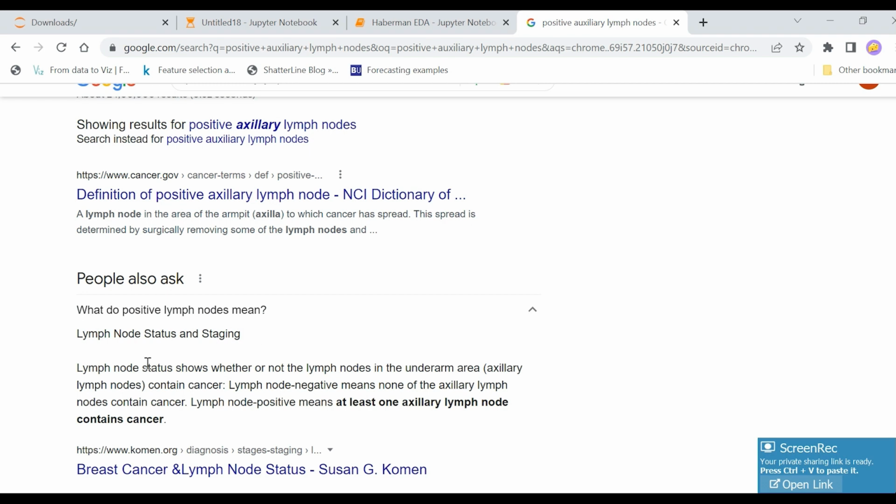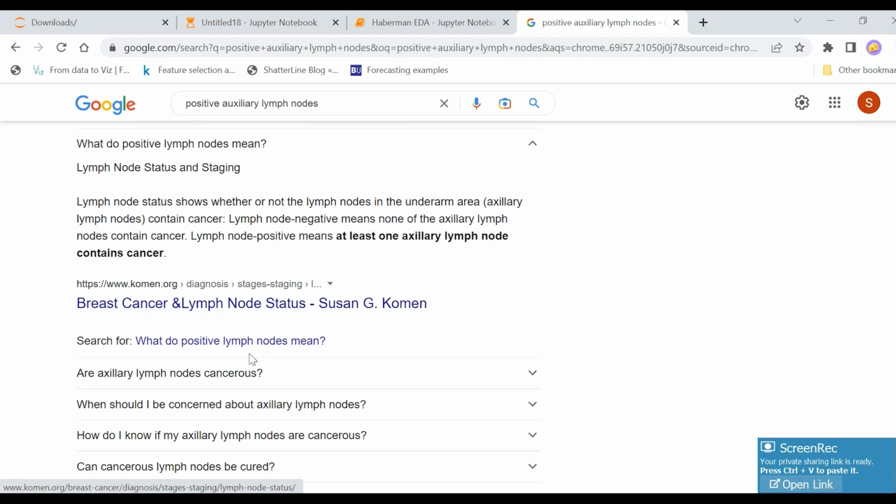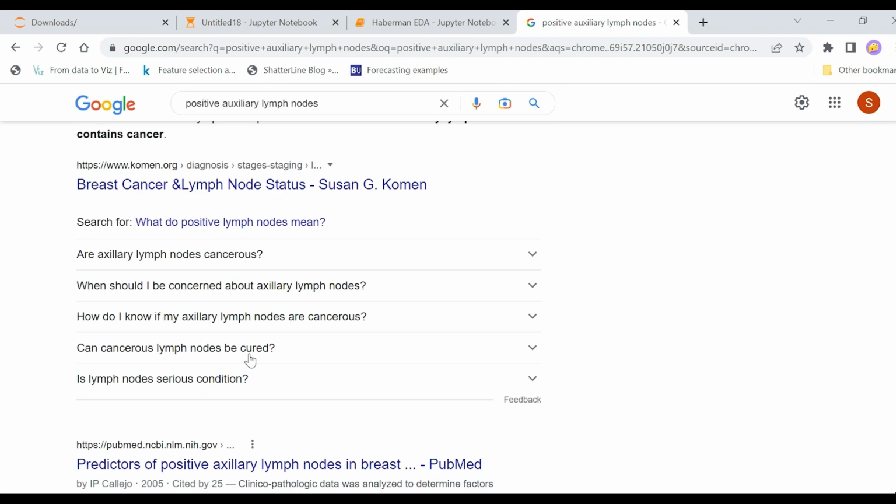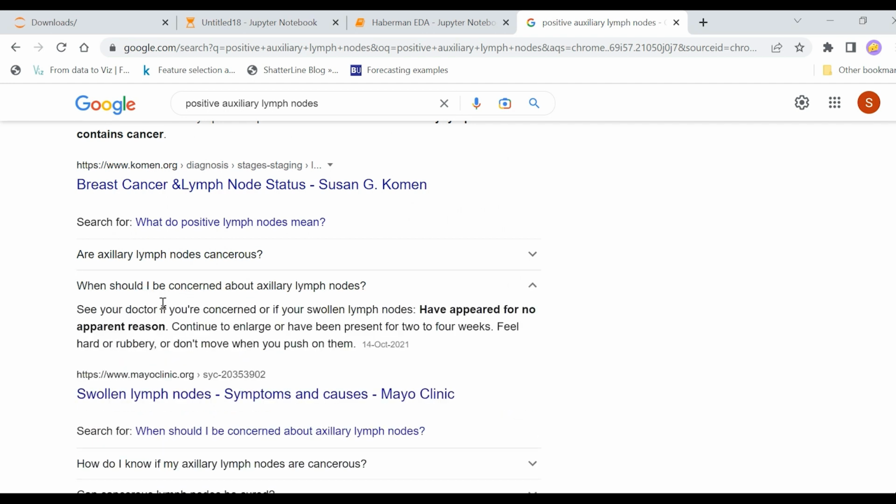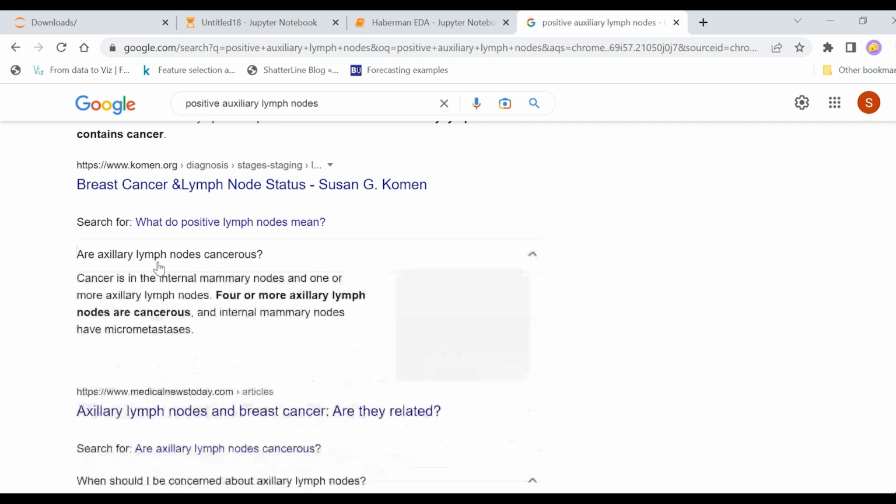You can go and see what the axillary lymph node is, and you can also see lymph node cancerous. Here there is a survey which says that 4 or more axillary lymph nodes are cancerous, and there is some other medical term which I don't have knowledge about.